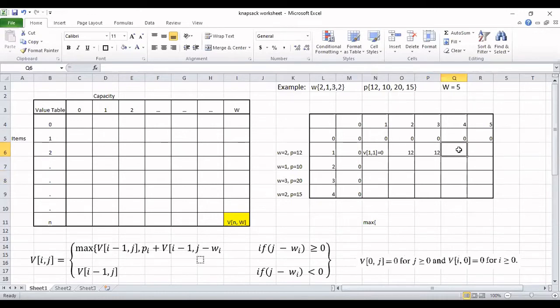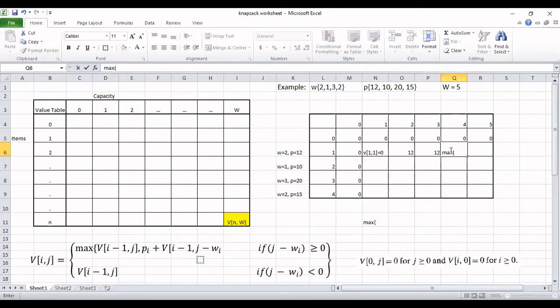V of 1, 4. What can be the value? Max again. The capacity J is 4, and the item weight is 2. So there is a provision that the item can be accommodated with the capacity of 4. When you can accommodate, we look for maximization.